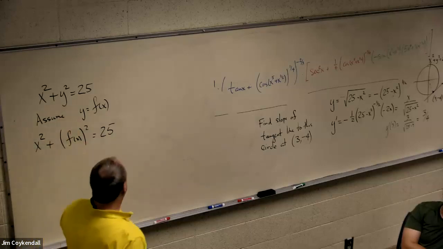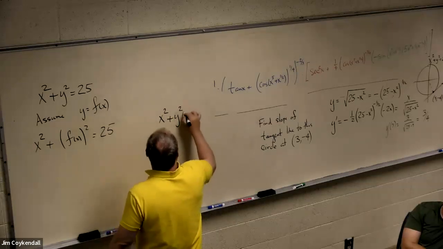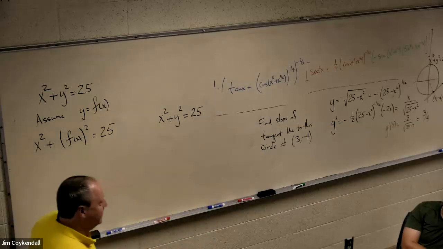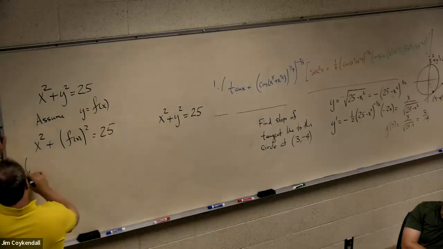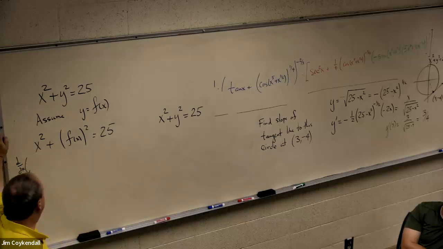And I'm going to do this in parallel. I'm really doing the same thing. I just want to get you used to some notation. Now, what I'm going to do is d/dx this thing. It means I'm going to take the derivative of this equation with respect to x. Now, somebody tell me, pray tell, what is the derivative of x squared?